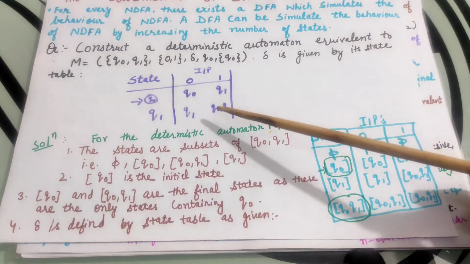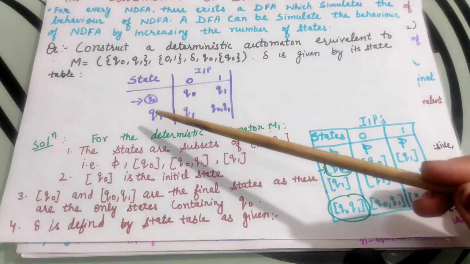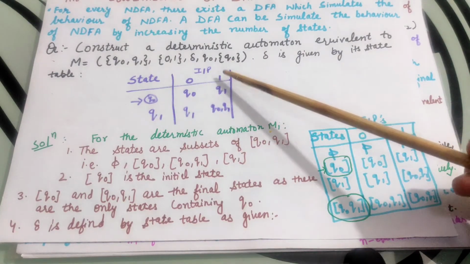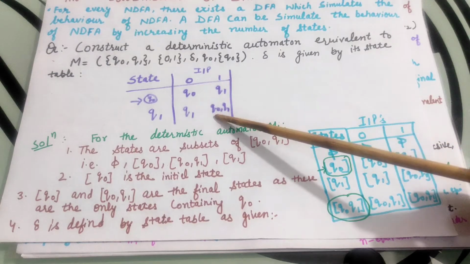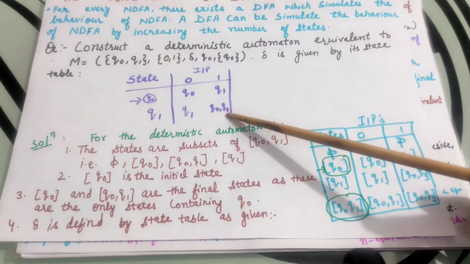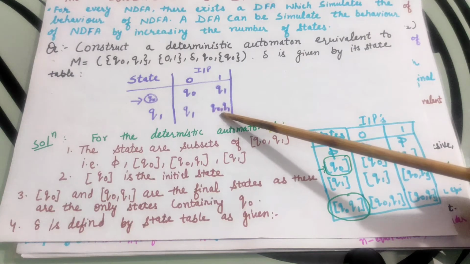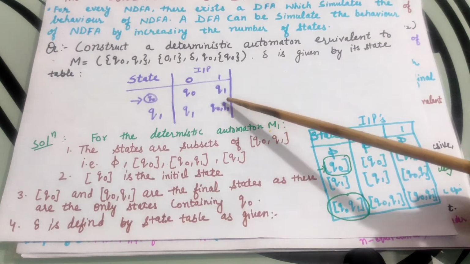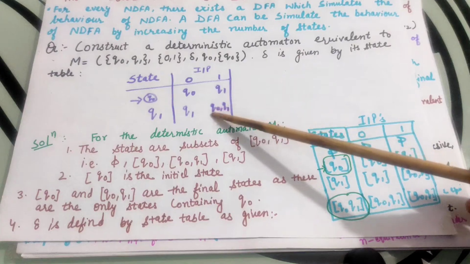Now, the main issue arises when Q1 has an input 1. At that time, there are two non-deterministic states, Q0 and Q1. Due to these states, this behaves like an NDFA.